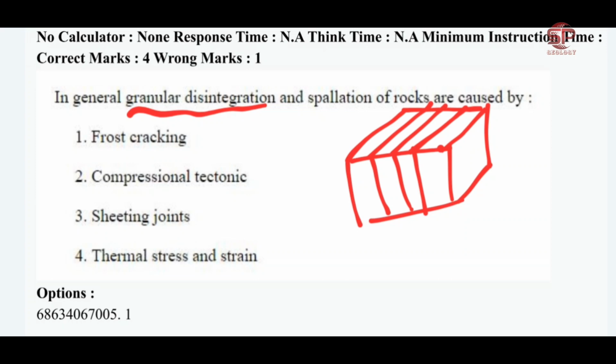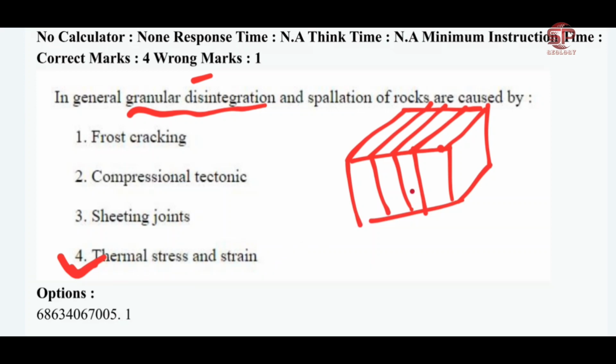But both the spallation process and the disintegration process can occur because of change of pressure and change of temperature, where there is a greater temperature variation. So rock can produce granular disintegration and it can also produce spallation. So both processes can occur in thermal stress and strain conditions.